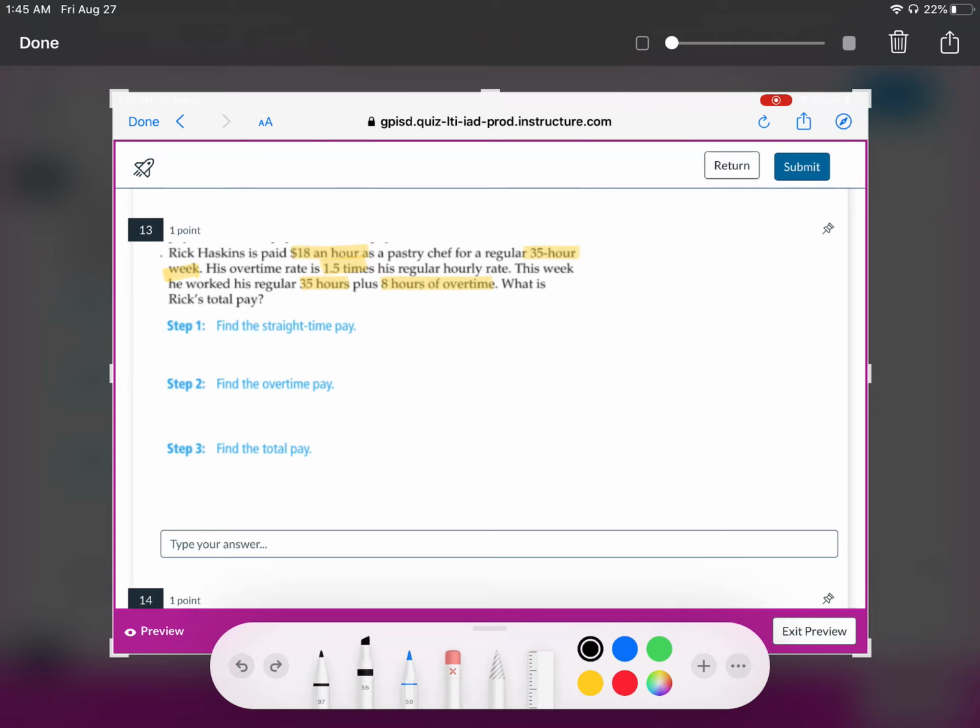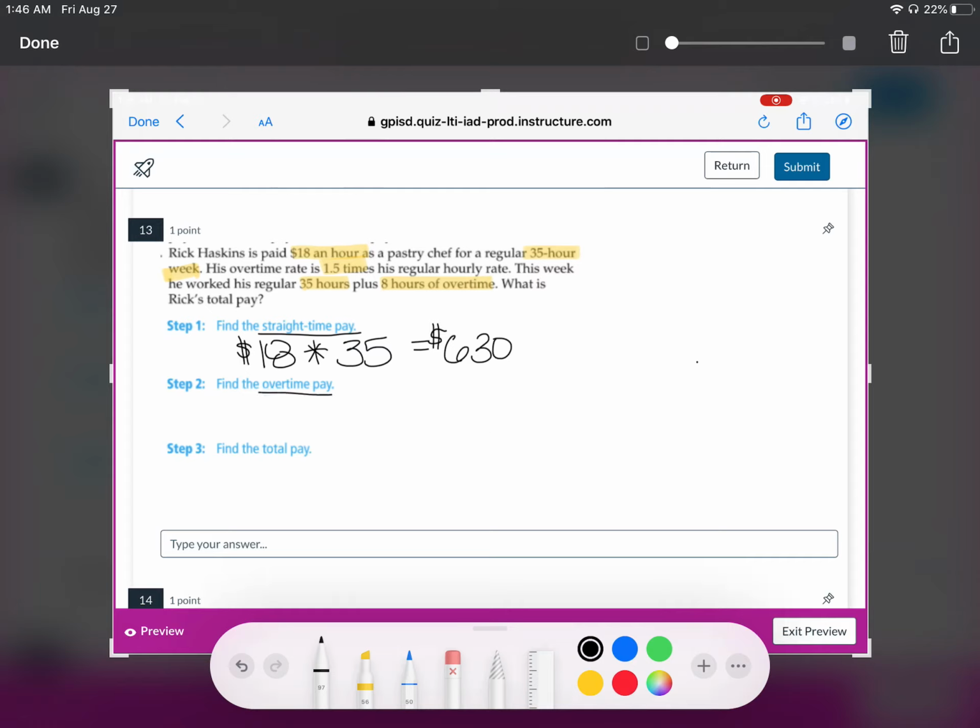First things first, let's do his straight time pay. He makes $18 per hour regularly, and his regular hours is 35 hours. Rick makes a total of $630. Next, let's do his overtime.